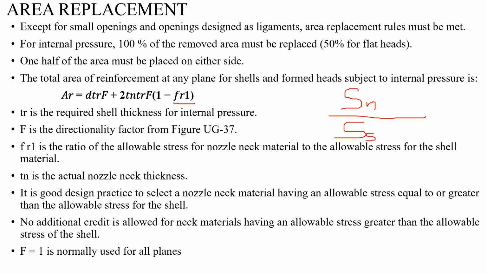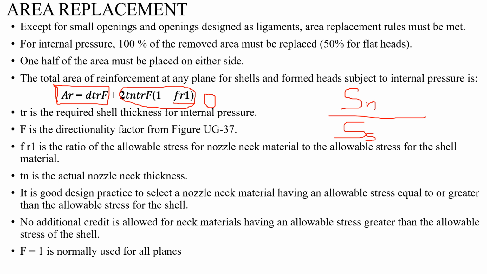So always select a nozzle material which has a greater allowable stress value than the shell. In that case, this term, 1 minus FR1, will become 0, or negligible, so the area replacement will depend only on the first factor. Your area replacement value will come down, and your neck will be adequate to take the internal pressure.